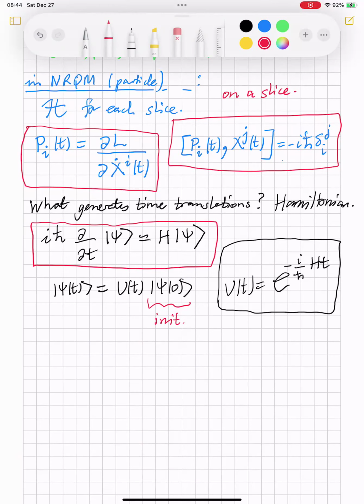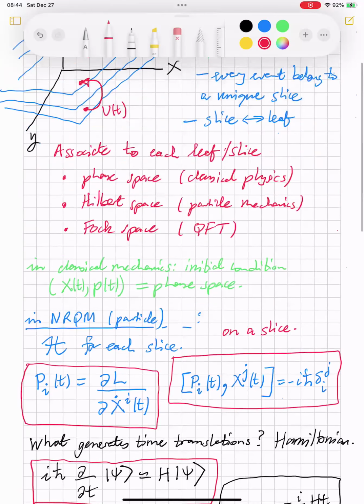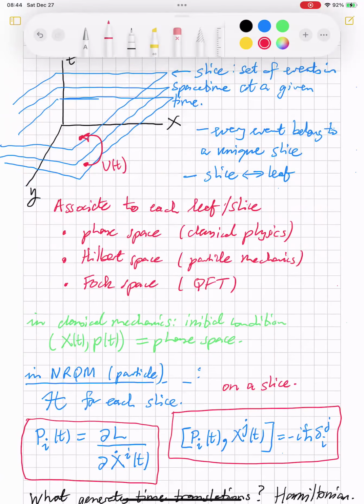So as time evolves, we'll move from one slice to the next slice to the next slice. And now, because we've identified all of these Hilbert spaces, that time evolution becomes a motion inside this single Hilbert space. And now I hope that you can see that this is the picture that you're used to for quantization.